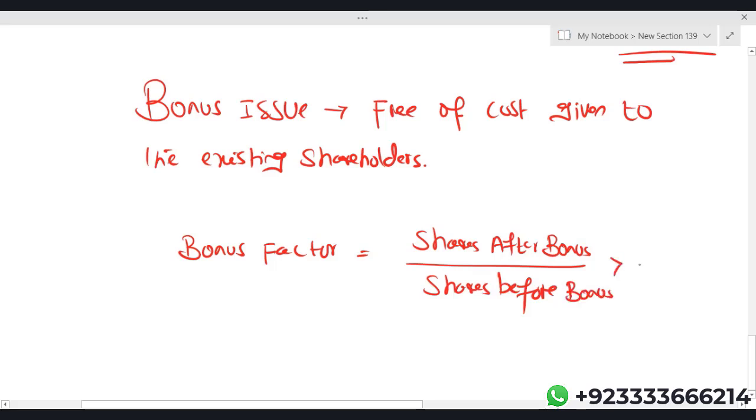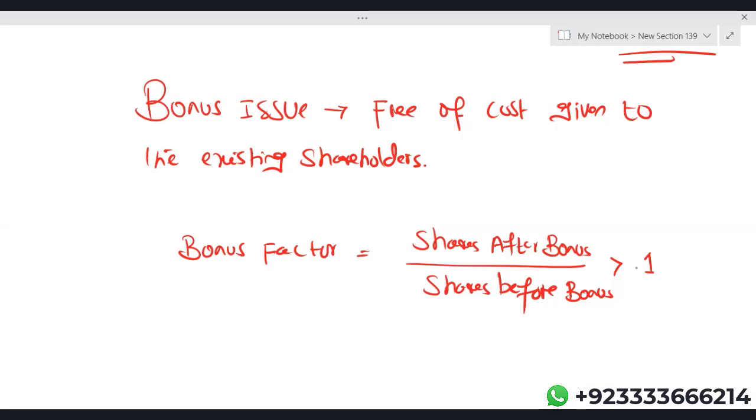And mathematically, the answer must be greater than 1. Obviously, shares after bonus will be more than shares before bonus. That is pretty straightforward and logical. So when you divide shares after bonus by shares before bonus, obviously your answer will be greater than 1.